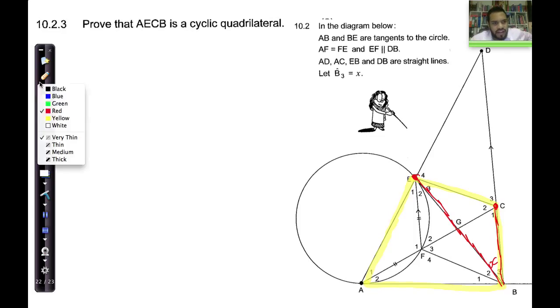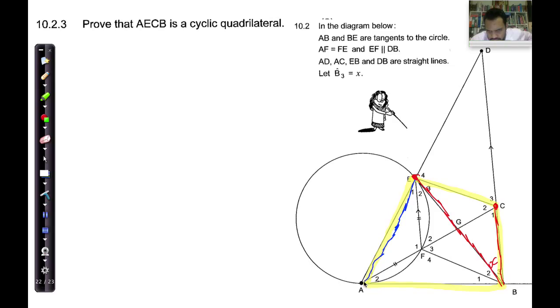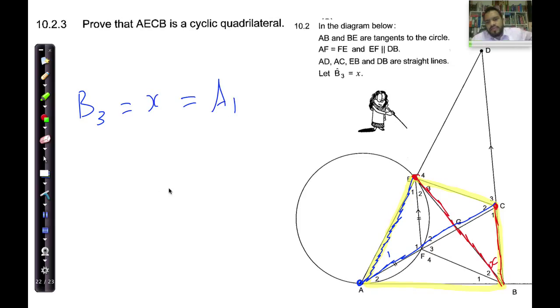And if I find, for example, over here, that same point there, and that point there, I'm just coloring it in, doing a very bad job actually, but let me color it in over there, right, to that point on the circumference, and this point over here, that's A1. So B3 is equal to X, which is equal to A1.